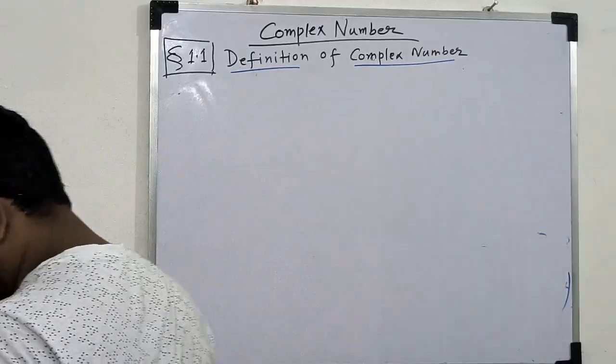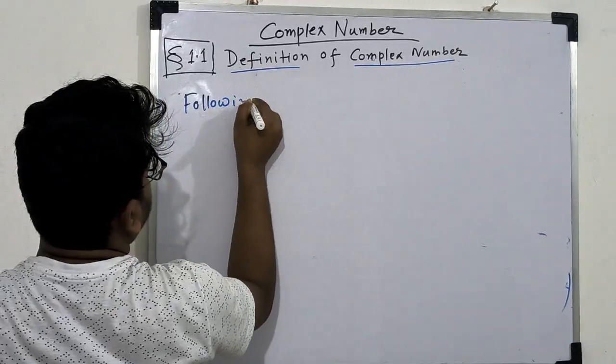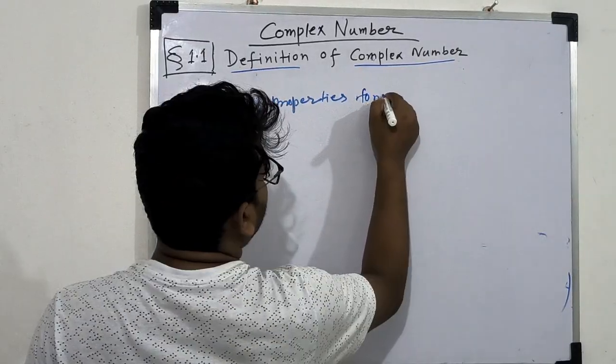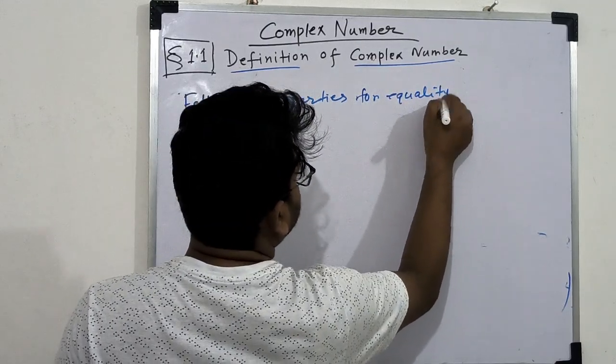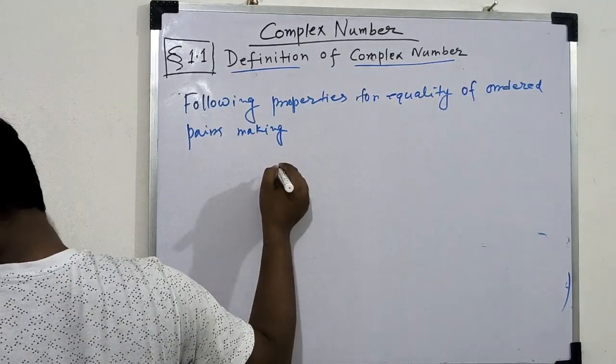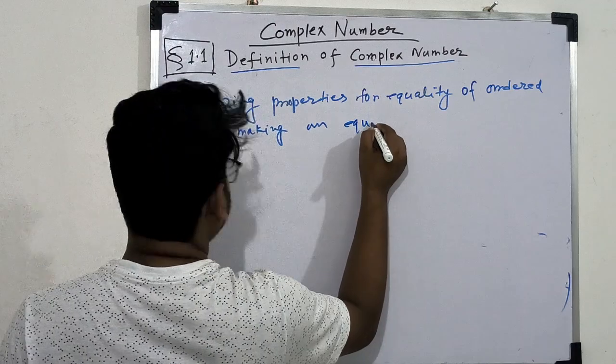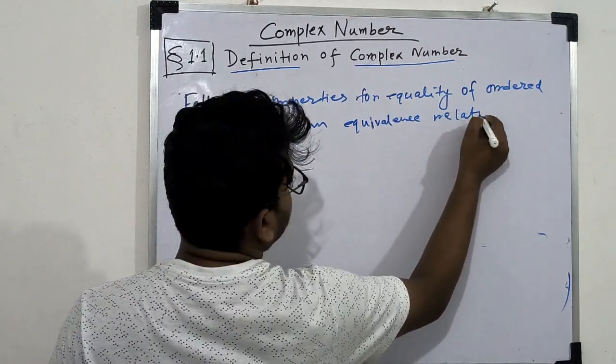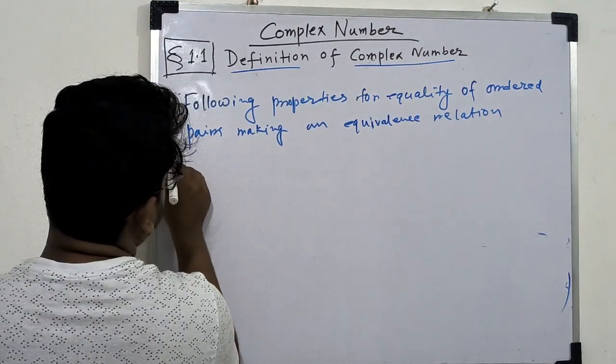For an equivalence relation, the following properties hold for equality of ordered pairs, making it an equivalence relation. What are the following properties?